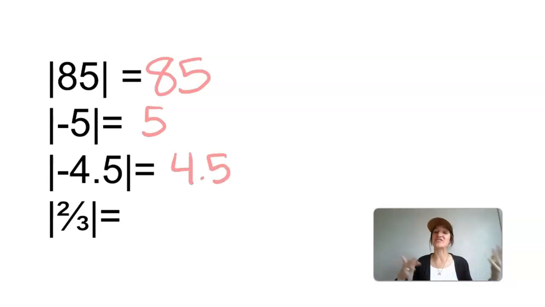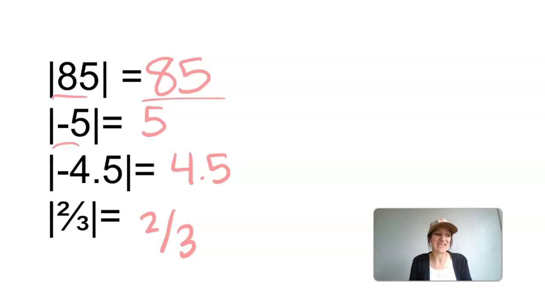And finally, how far is 2/3 from 0? It's 2/3. Are you noticing something? Are you noticing that it's just that number, but it's the positive of that number? Okay, 85 stayed a positive 85, and all of these negatives became positives, because if we're talking about a distance to 0, it's going to be a positive number.